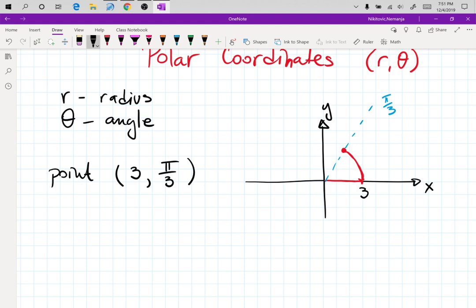And this point here is (3, pi over 3). So what you do is you graph whatever radius you have, whether it's on the positive side or negative side, and then you swing that for the angle.